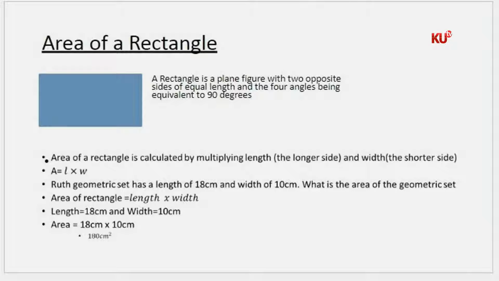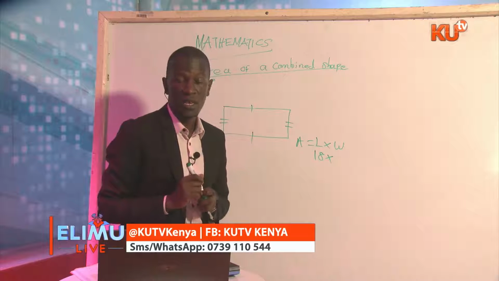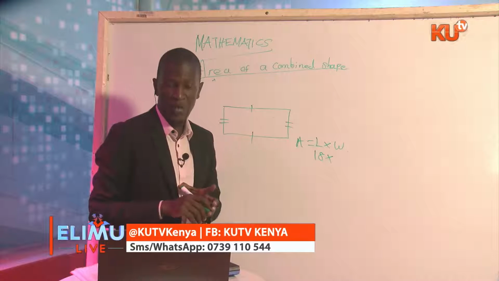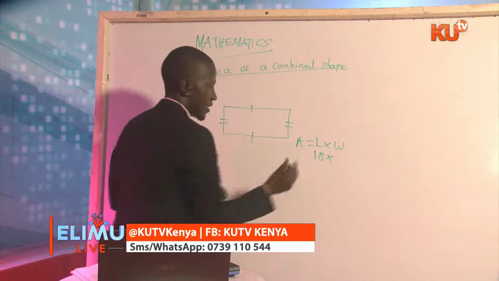Area of a rectangle, we have said, is length times width. Our length, as you can see in the question, is 18 centimeters and our width is 10 centimeters. So once you have noted down the formula, you now substitute. The letter L stands for length, so you substitute the L with its original value, 18, times W, which stands for width, with its original number, 10 centimeters.